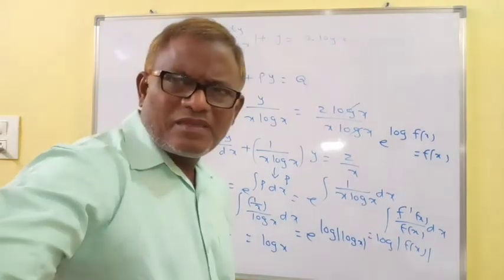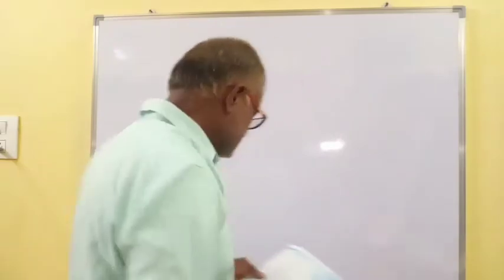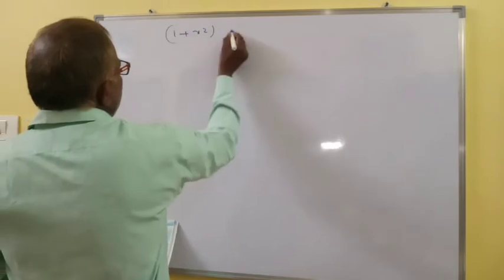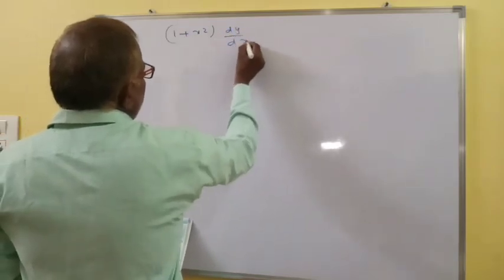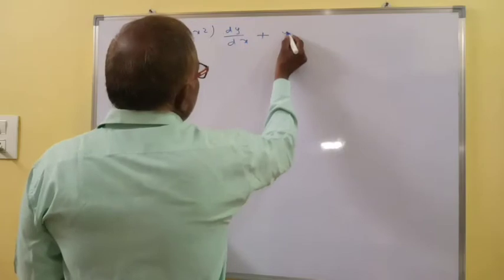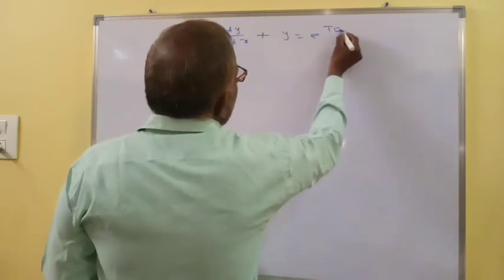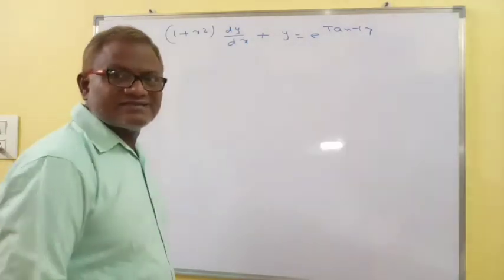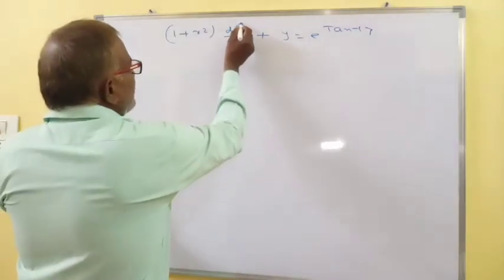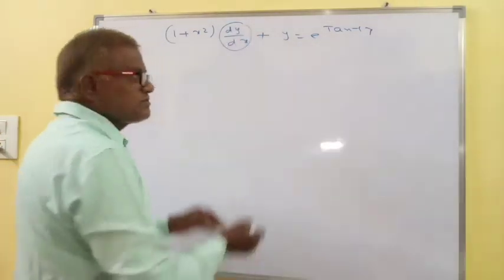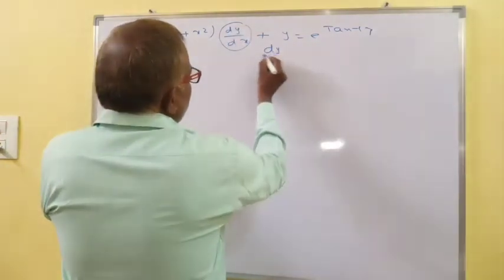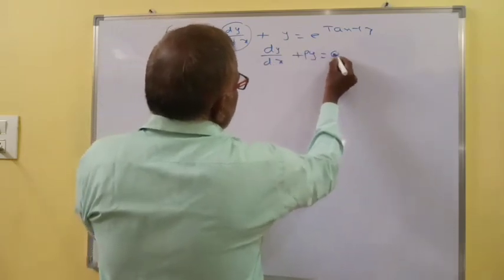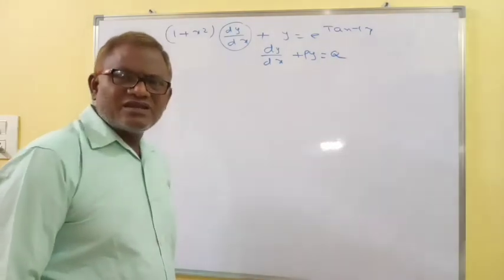Next problem. 1 plus x square into dy by dx plus y is equal to e power tan inverse x. So clearly we have to express it as dy by dx plus py is equal to q, which is linear in y.